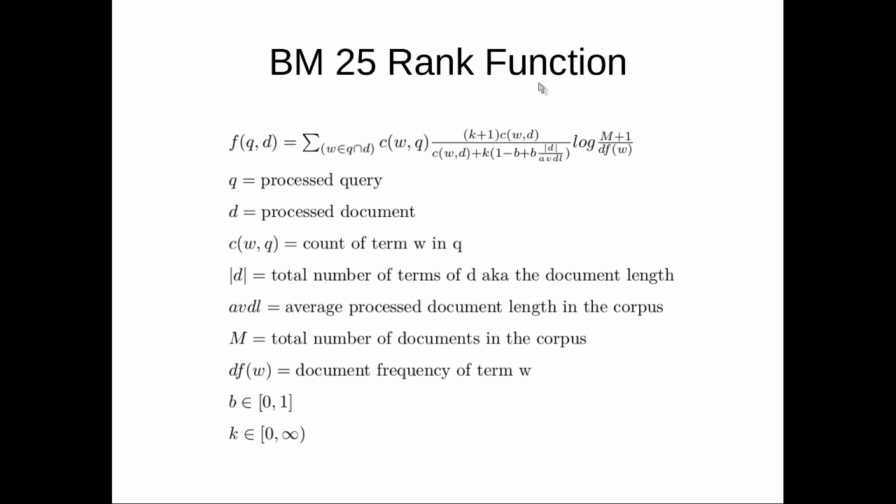Well, remember that our title search is produced based on rank score, right? So we want to rank each document. We want to give a score for each document based on how similar it is to the user's query. And this is the function that we use to actually generate that rank score.